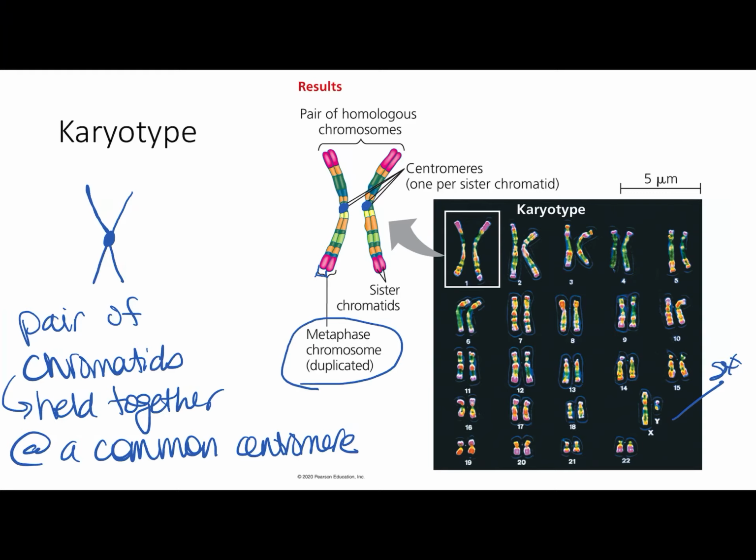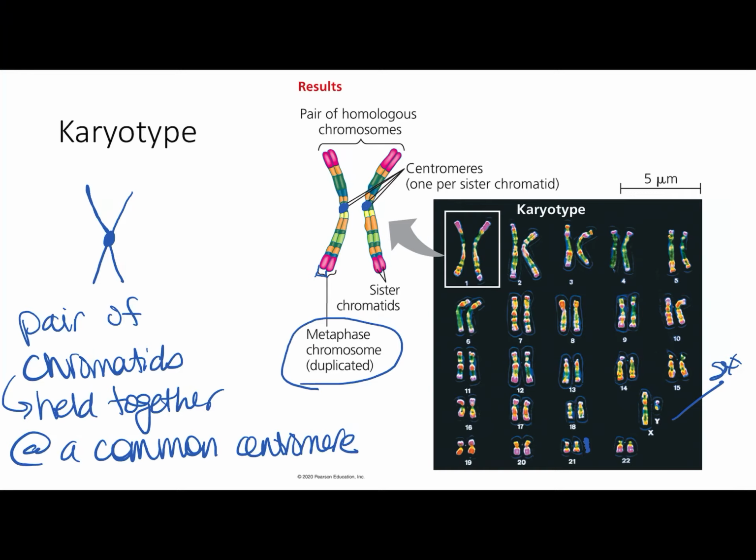The other thing karyotypes allow geneticists to do is to assess for chromosomal abnormalities that may lead to genetic conditions. So, for example, a fairly common chromosomal abnormality would be an extra copy of chromosome 21. That's known as trisomy 21 or Down syndrome.